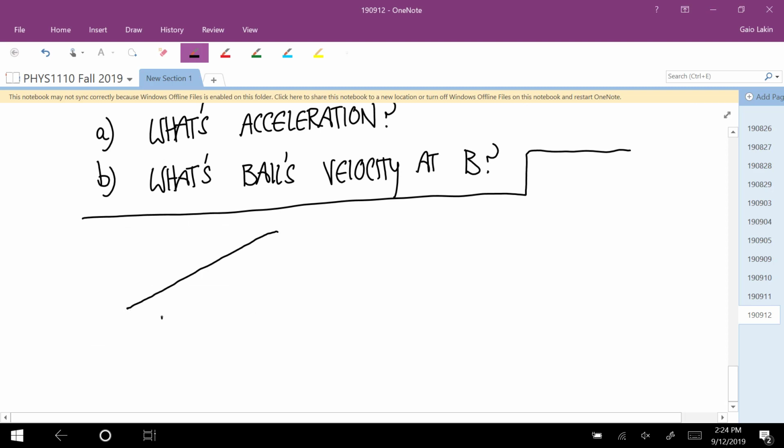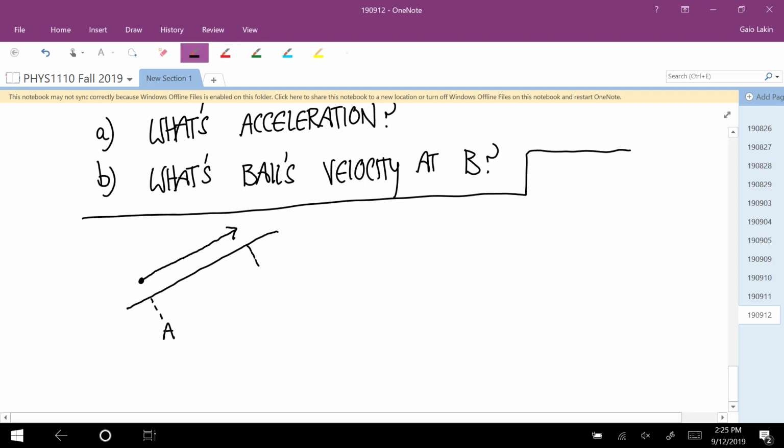You don't have to do this, but I'm trying to sort of bring together how this topic matches up with the last topic that we did. All right, so we know that the ball starts here and goes to here. Those are the 2 points that we care about.